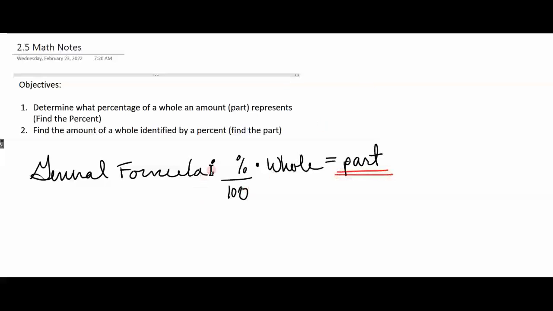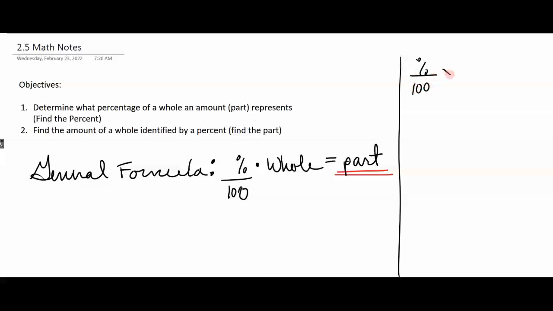What if we wanted to find the percent? I'm going to show some work off to the side. I'd like you to write this down, but it's not a key concept. I want our key concepts on the left here. If I have this percent over 100 times the whole equals the part, and I want to solve for the percent, I want to get this by itself.